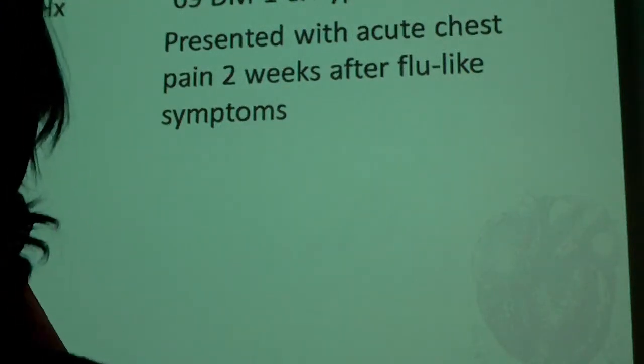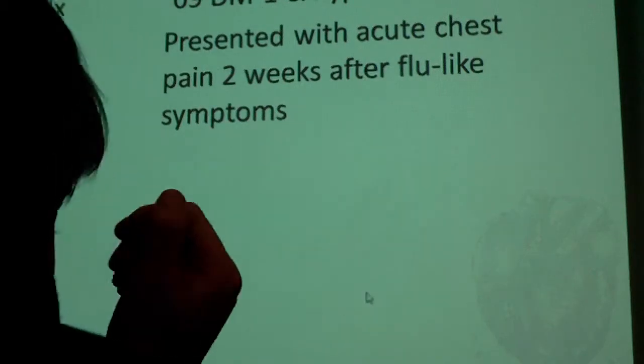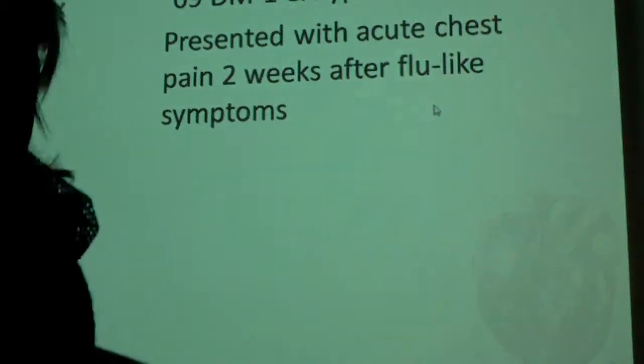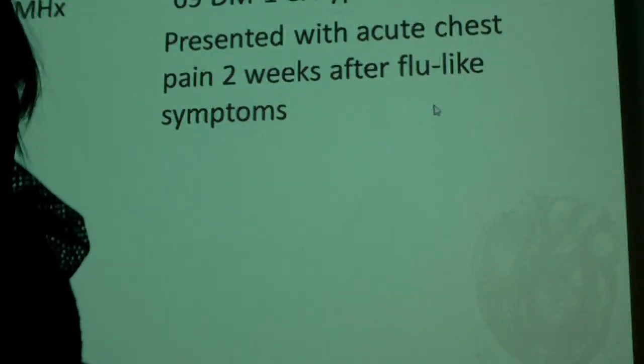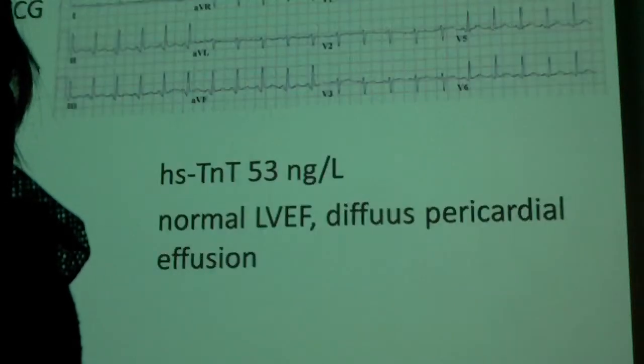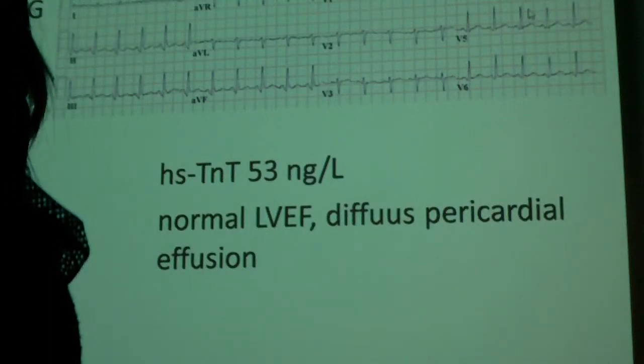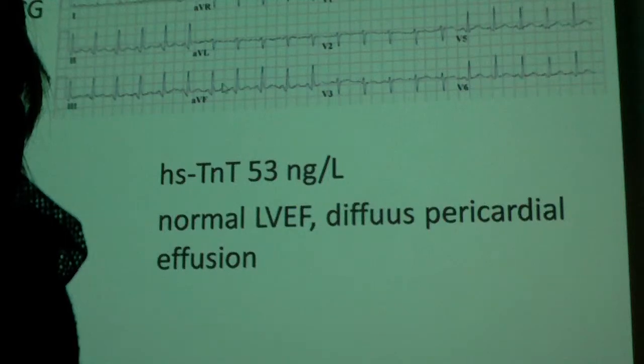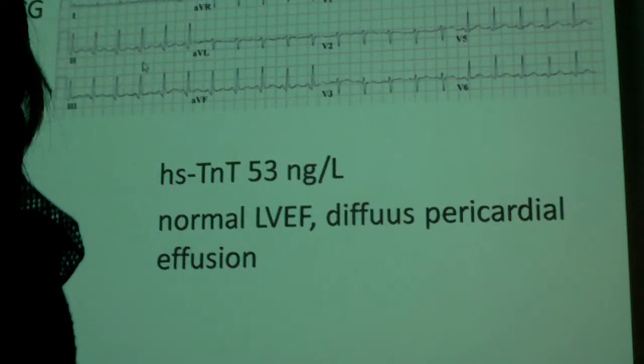We see that he also presented with acute chest pains, also flu-like symptoms, similar to the first patient. These patients are usually like this. This is his EKG, similar to the first patient, almost normal, but you can see PTA depression here also, suggestive of pericarditis with this chest pain.